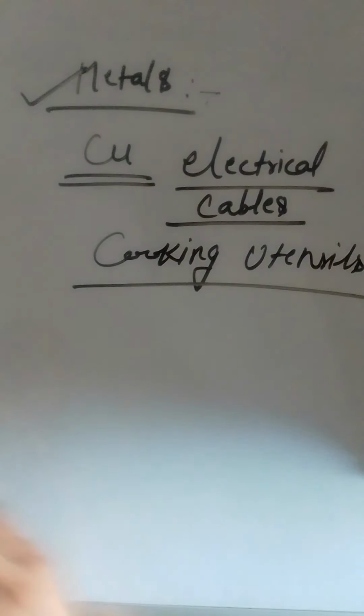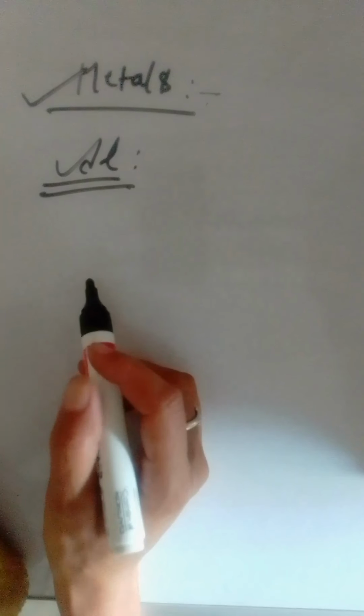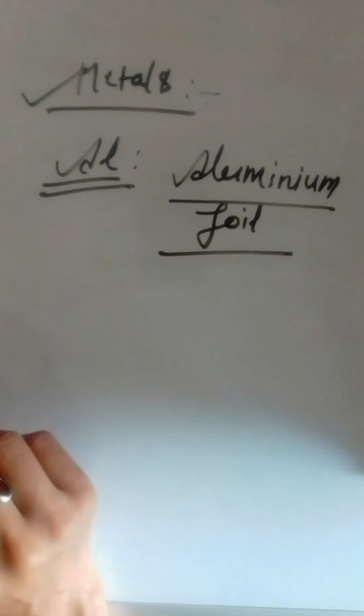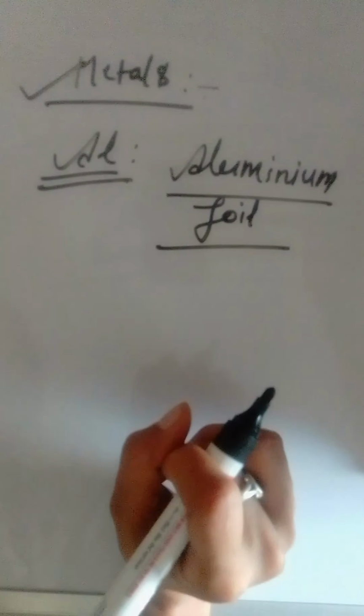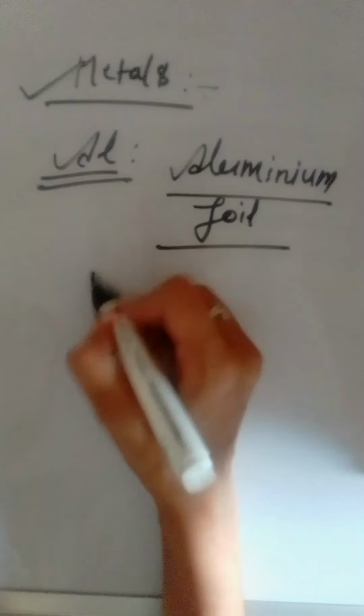Okay, next one is the commonly used metal, that is aluminium. I told you earlier that because of its malleability, we can make thin sheets of this aluminium metal and we can wrap the food items in it. What do we call that? Aluminium foil. We all know it. This is a very common use of aluminium, and it is also used for making the aircraft bodies.